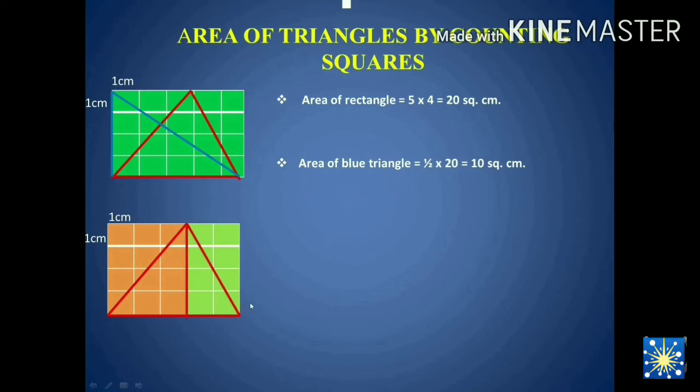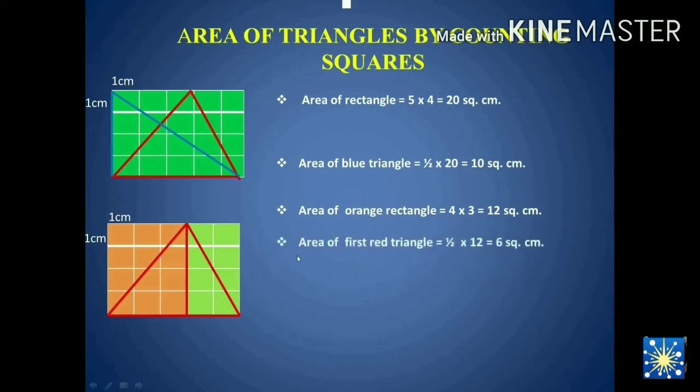Now first we calculate the area of first red triangle. For this we calculate area of orange rectangle, that is 4 multiplied by 3 equal to 12 square centimeter. So area of first triangle is half of orange rectangle, that is 6 square centimeter.